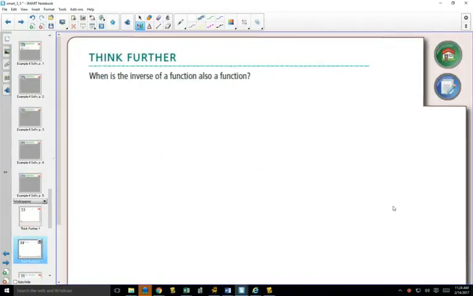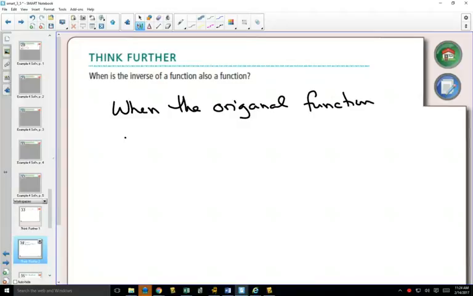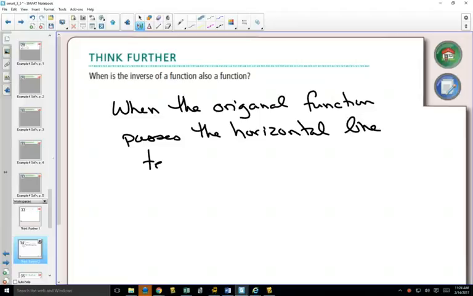When is the inverse of a function also a function? When the original function passes the horizontal line test.